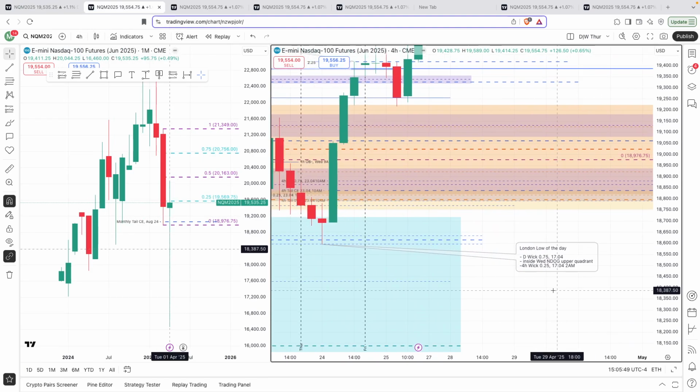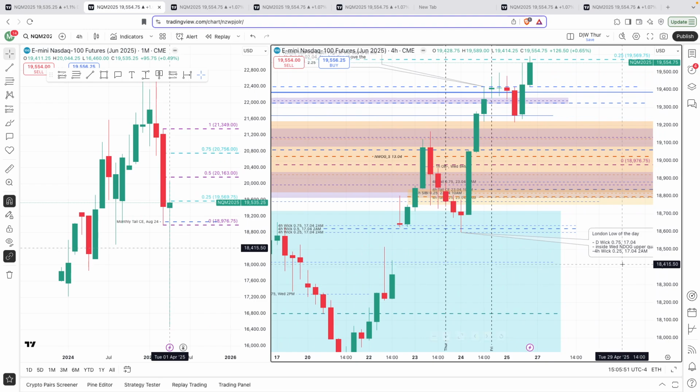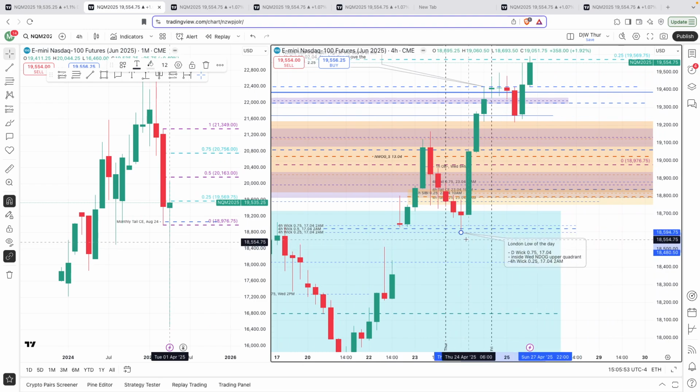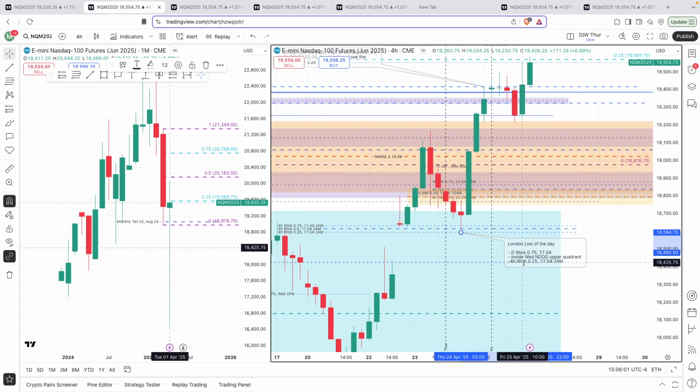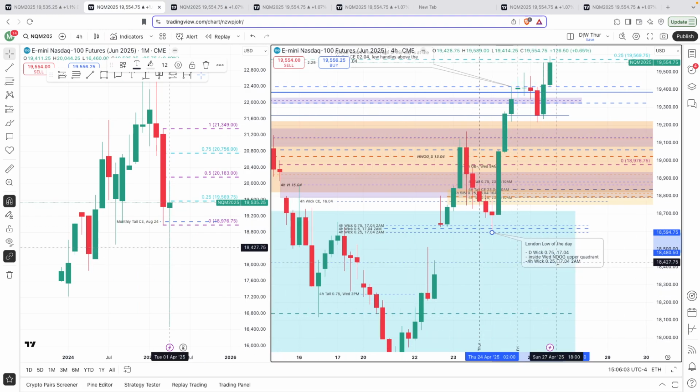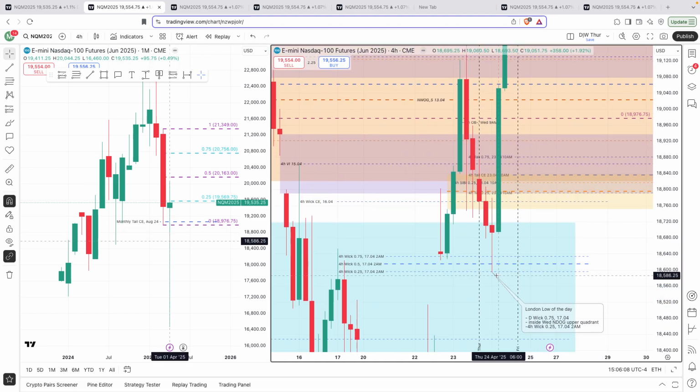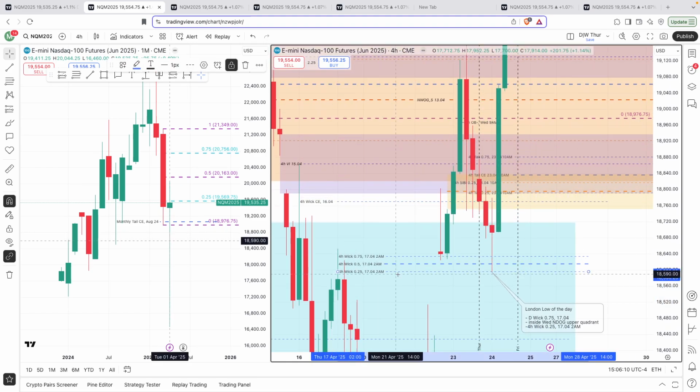On the 4-hour, as we showed, there is the daily, sorry, week 75, this one over here. And then we're inside the new day opening gap in the upper quadrant. And also notice how it perfectly touches the 4-hour 25%.